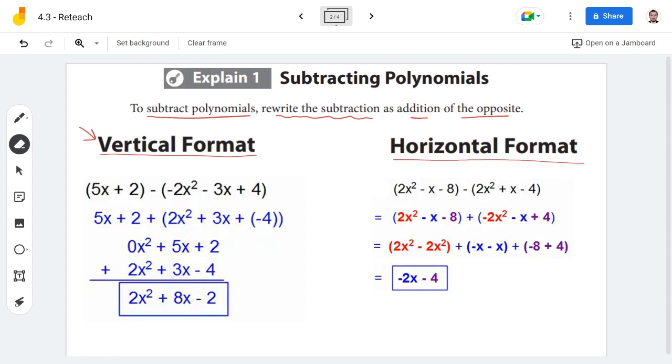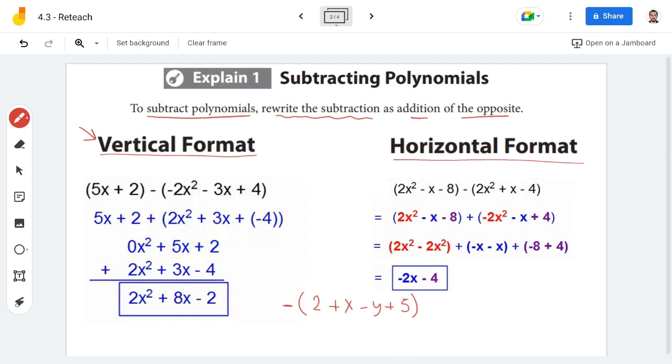What you have to do when you have a negative outside anything inside the bracket, like this one plus 5. Do you know what to do?